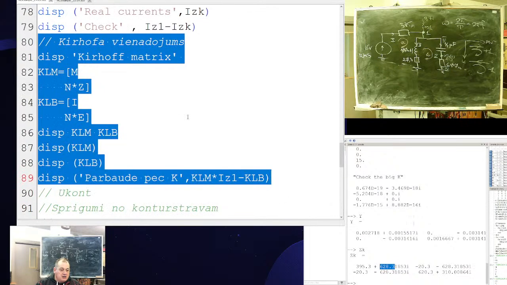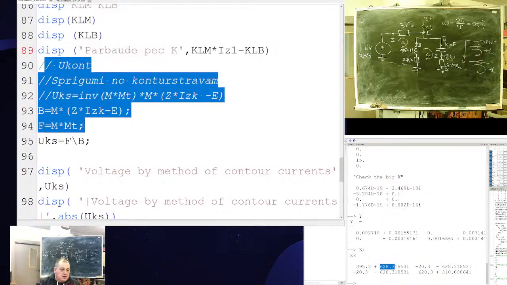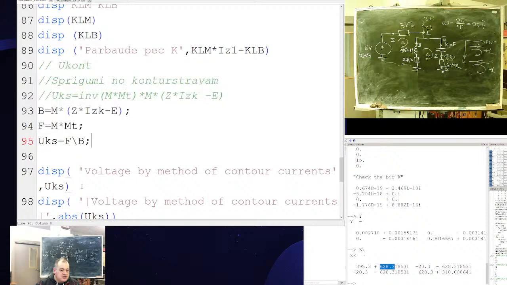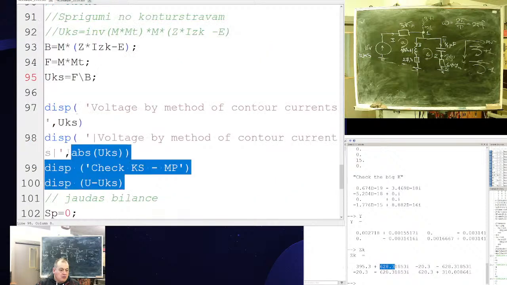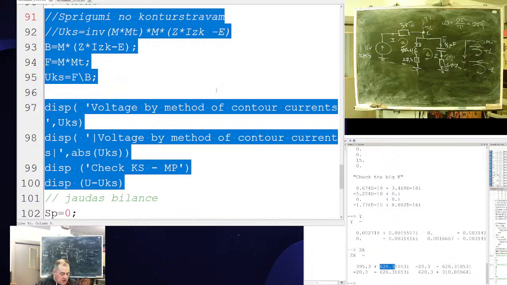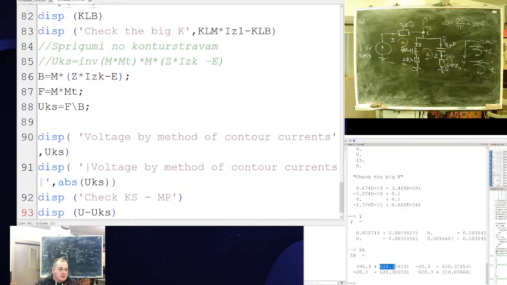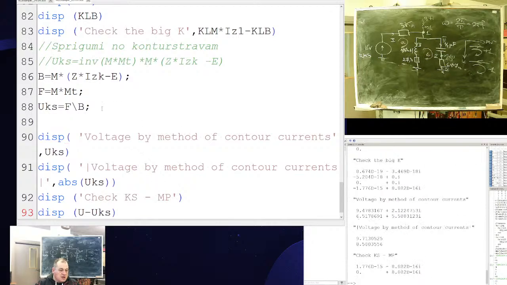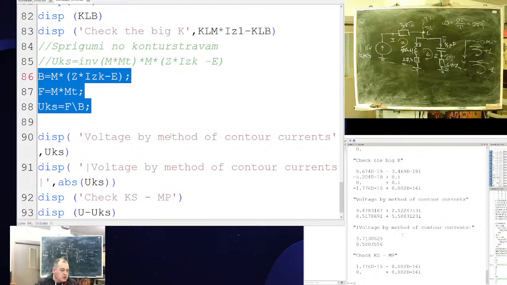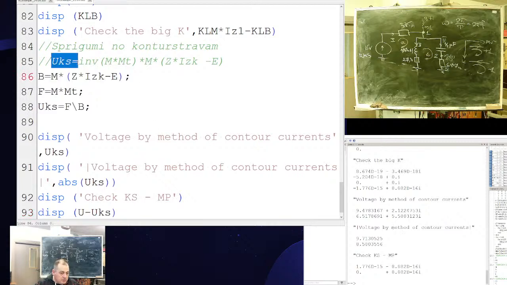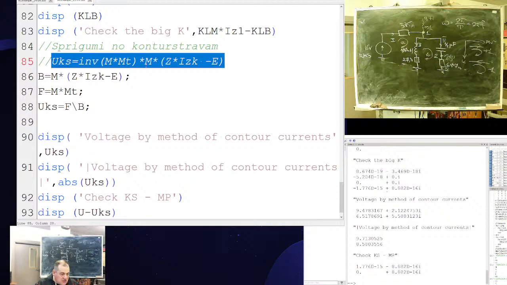Now, tricky part. This is simple. I need voltages from the contour currents. I got currents, but I don't have voltages. In case you use contour current, this will help. It's much easier to treat this equation to get voltages.